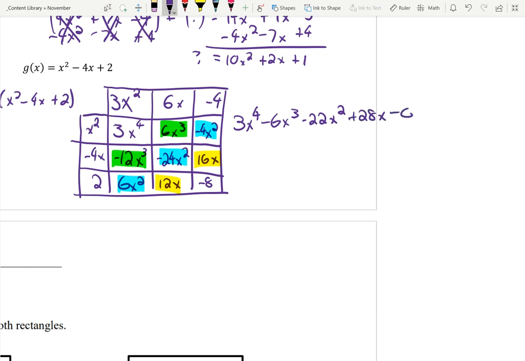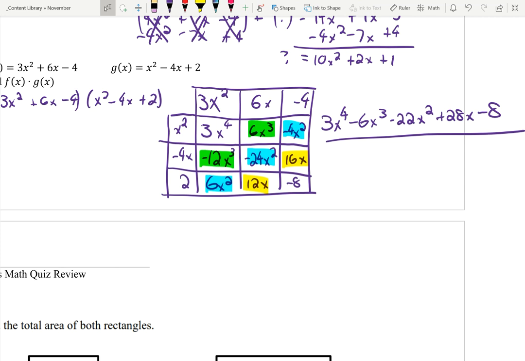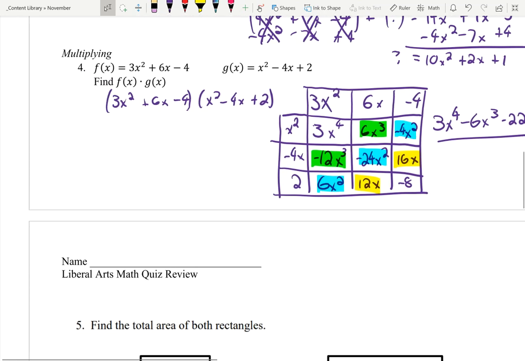And then lastly, the minus 8 at the end to make our final answer. So I recommend using a table because it keeps things very simple and very organized. You can find your like terms easier, and you can combine everything easier. I just find it useful.